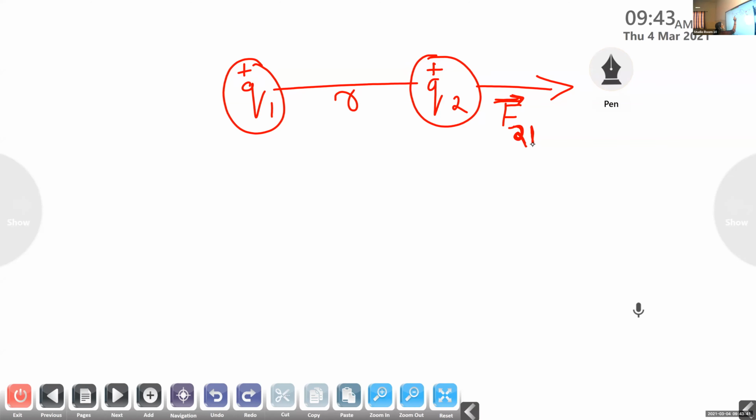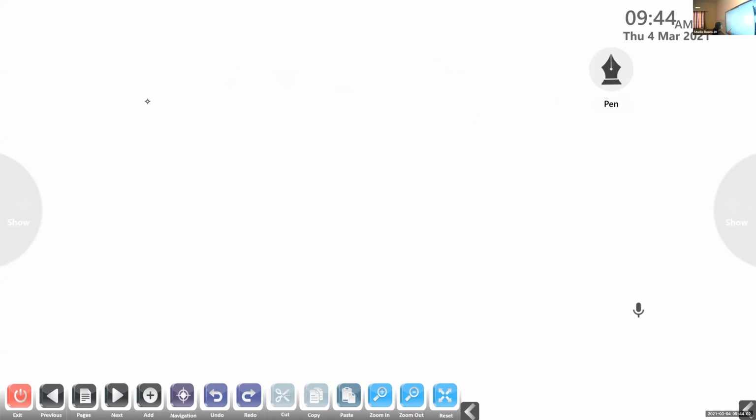The distance between these two charges we can take as R21, the distance between Q2 and Q1. Similarly, Q2 also exerts a force on the charge Q1, and as a result it moves in this direction.